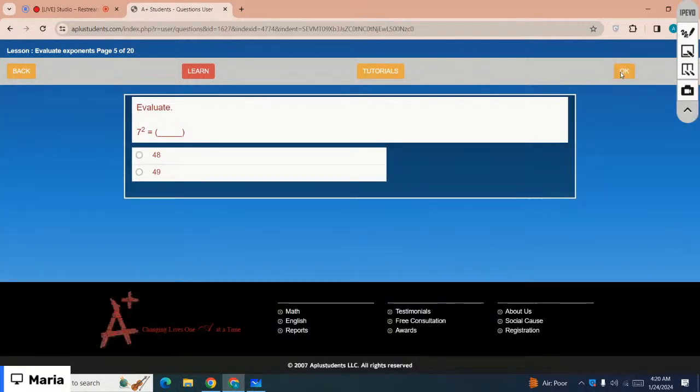The next one is again evaluate 7 square. So which is the correct option?